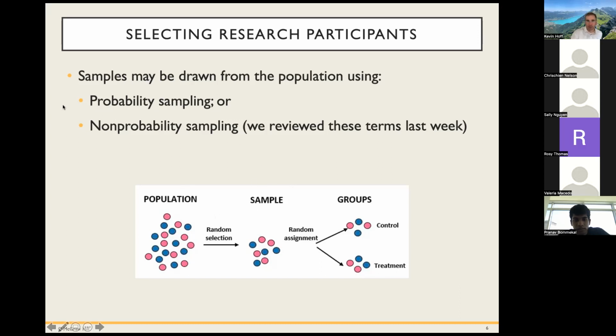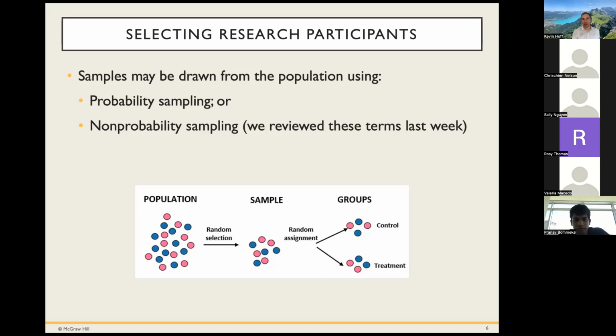We can use what's called probability sampling, where each person in the population has a distinct probability of being included in the sample. There are different subtypes of that, but in general, it enables you to know that your sample is representative of the population. If we use non-probability sampling, one of the most common ways is convenience samples, where we just get the first 100 people that we can find to take a survey.